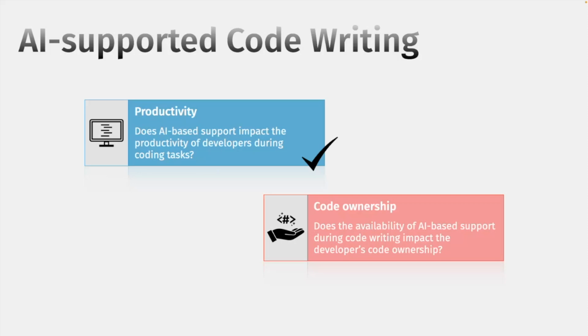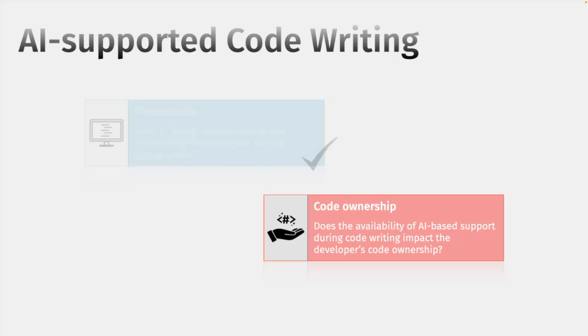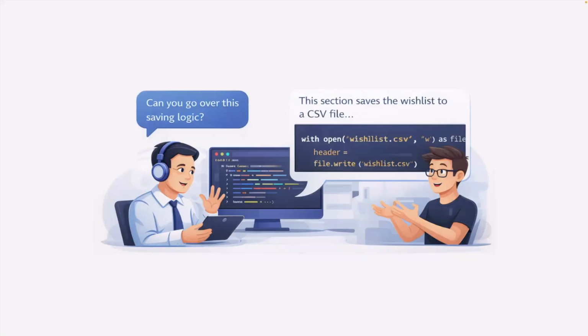Now the difficult part, code ownership. In an ideal scenario, you run the first session of the experiment, so they implement some code, and then you run a technical interview, to say, okay, now explain to me what you did here, how this works, what happens if I change this, what happens if I change that.